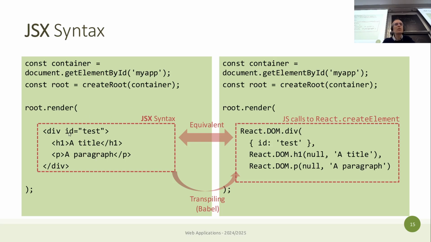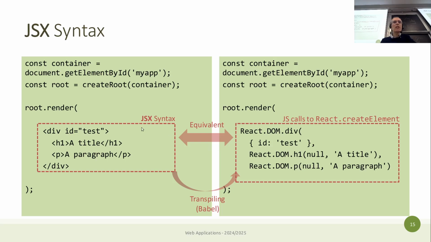Okay, so in short, let's say we would like to render these three HTML elements, div, h1, and p. We write as we are used to do in HTML, okay, as you did in the lab last week, and basically this will be automatically translated into calls to React functions according to what is needed.